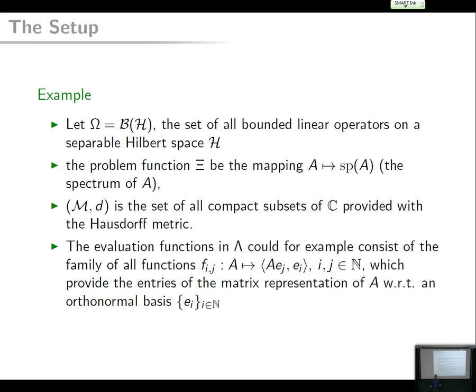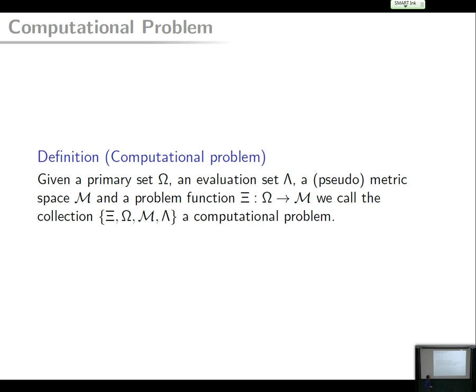And then the question is, what can I call this? So I call all these things here the problem function with its domain, taking values in my metric space, and this set of functions is what I can essentially use to read my computational problem. This is called the problem.